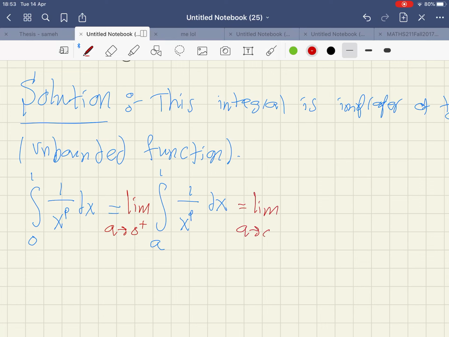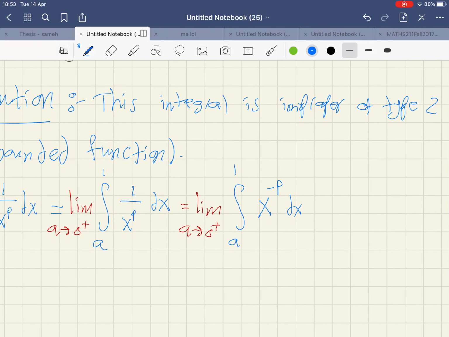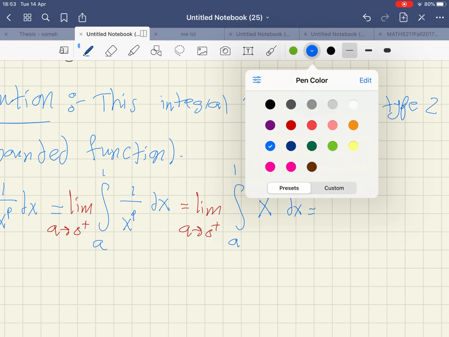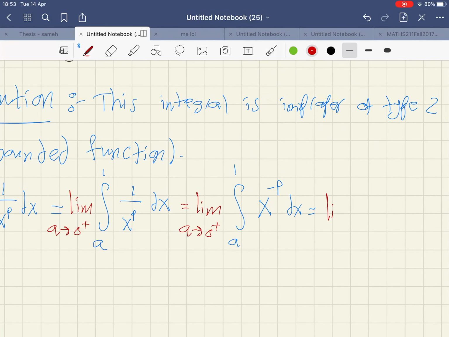I'll keep the limit all the way to the end. And now let me just do this integral. In order to do this integral, I need to write it as x to the negative p dx. This integral is easy because for x to the power of something, all you need is to add 1 and divide by the new power.